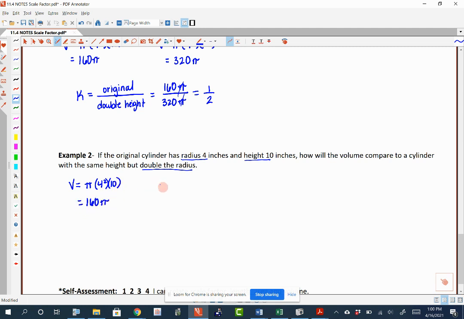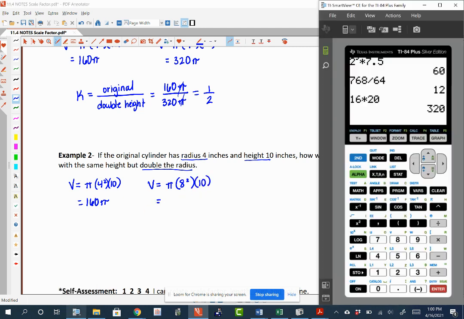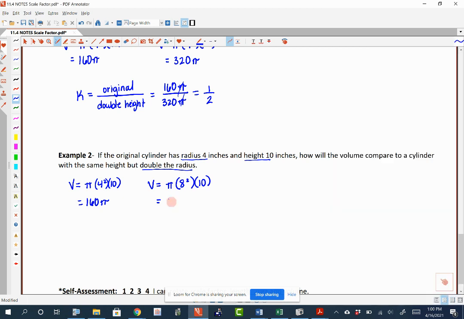But our new one says, what if we just double the radius? Well, doubling 4 would make that radius of 8, and we're keeping the same height. So into my calculator, I'm thinking 64, I guess I didn't need a calculator, 64 times 10 would be 640.